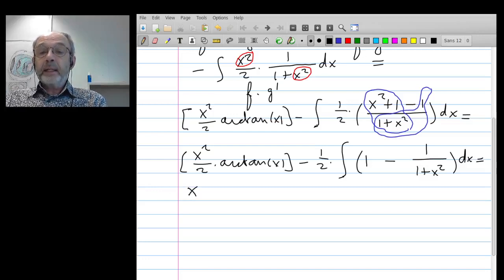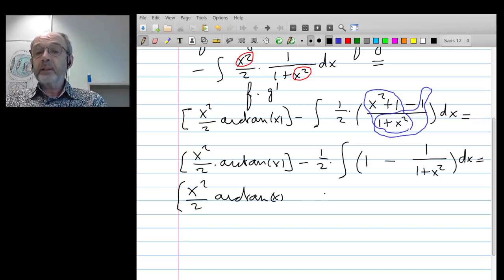And what do I get out as a result? Between the brackets we still have that x squared divided by 2 times arctangent, and then be careful with your multiplications. You have minus 1 over 2 times 1, so if I integrate that I get minus 1 over 2 times x.